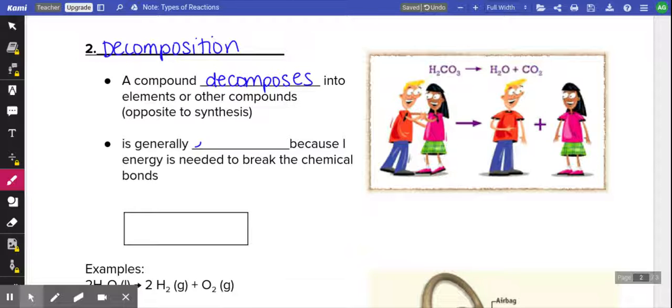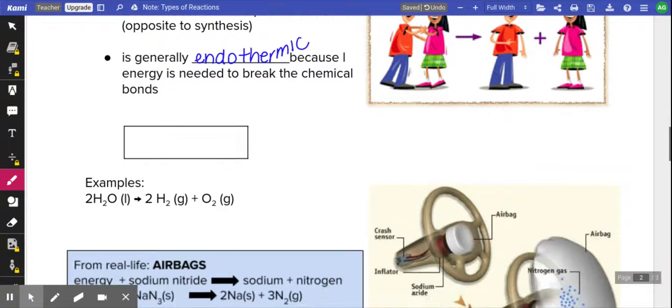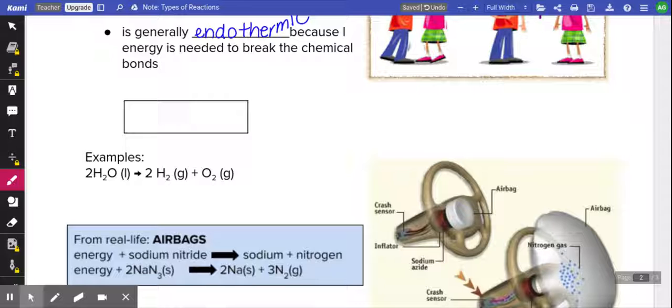Generally, this kind of reaction is endothermic, which means that it will absorb heat, because energy is needed to break the chemical bonds of most compounds. When we're decomposing something, we're breaking the bonds between different parts of a compound, and that is why you have an endothermic reaction.